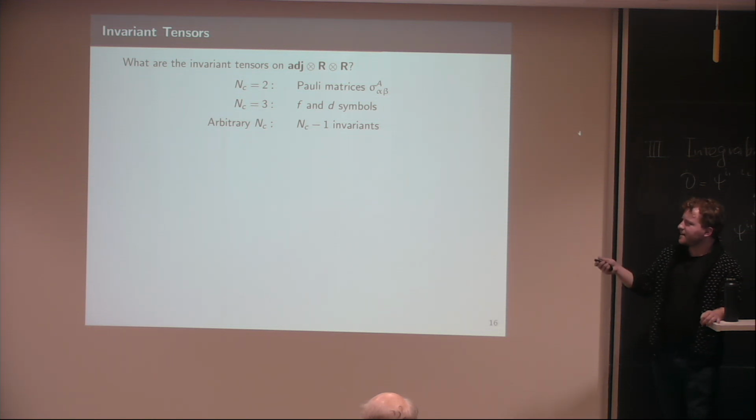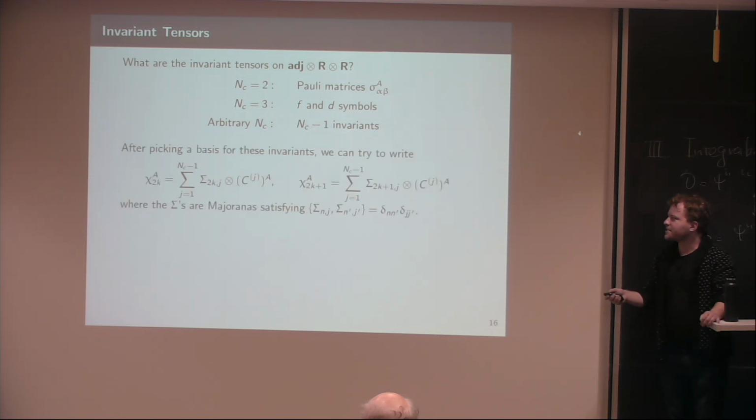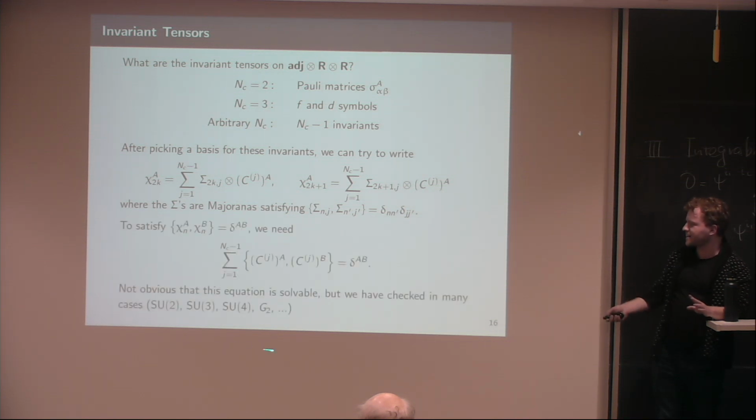And so this motivates a really cute ansatz, which involves some different Majorana fermions, these sigmas that carry the multiplicity labels, which I don't want to go too much into. Let me just say, this ansatz is cute, but there's really no guarantee that it should work. There's some consistency condition that these invariant tensors have to satisfy for this to work. It's super non-obvious that this can be satisfied. I don't know how to prove it.